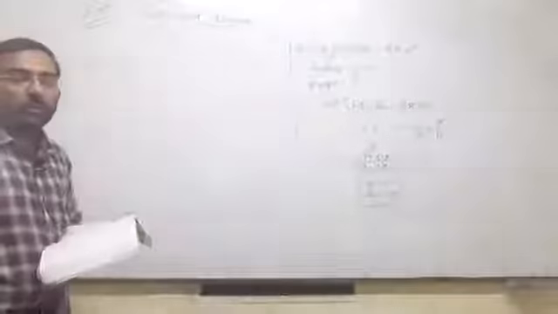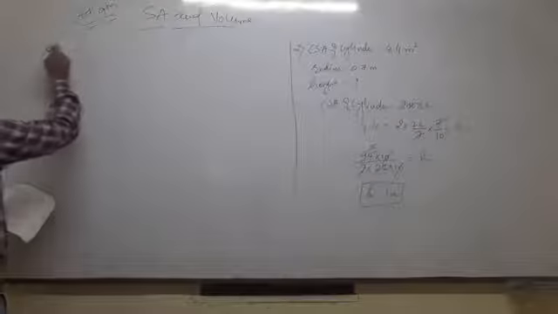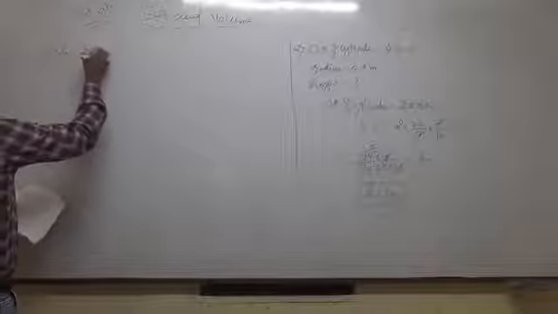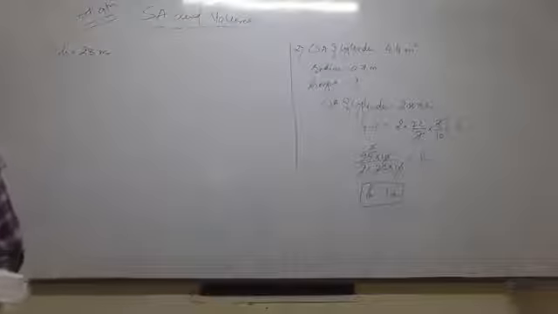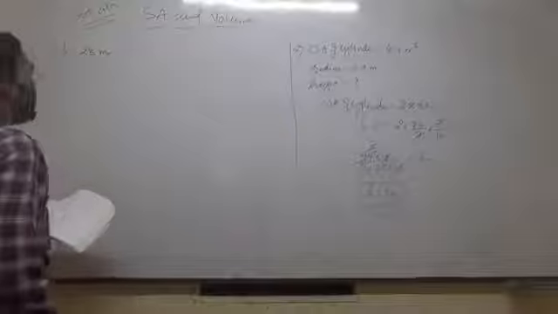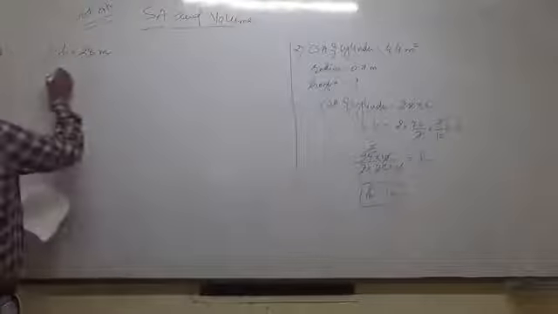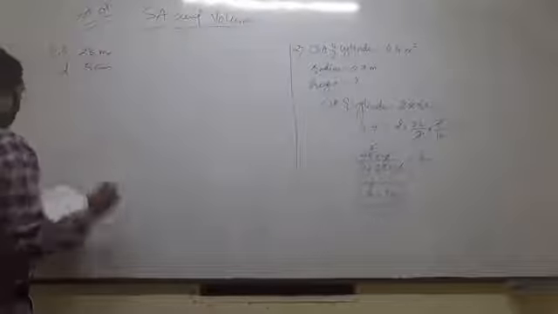Okay, the length of the cylindrical pipe is 28 meter. So I'll take height as 28 meter. Height of cylinder is 28 meter. And diameter is 5 centimeter. Here the diameter is given in centimeter, that is 5 centimeter.